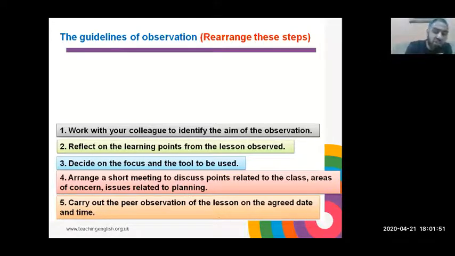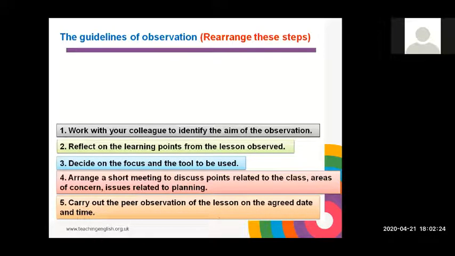Did you rearrange them all? Arrange a short meeting, to discuss points related. Okay, you can give me the numbers. 4, 3, 2, 1, 5. Sorry again, because the sound is not clear. 4, 3, 2, 1, 5.